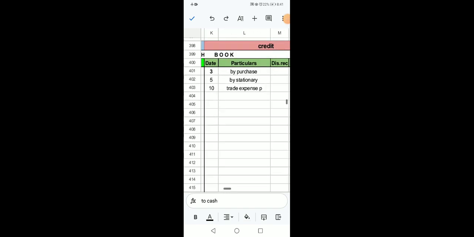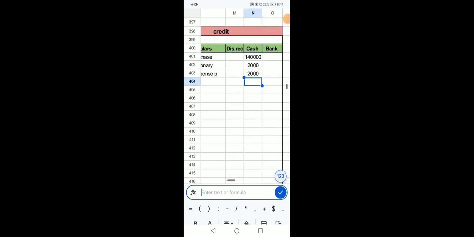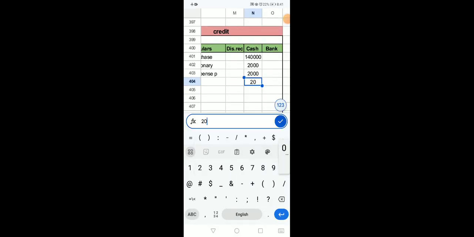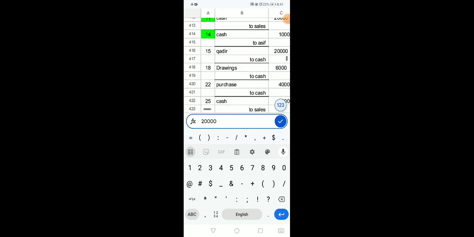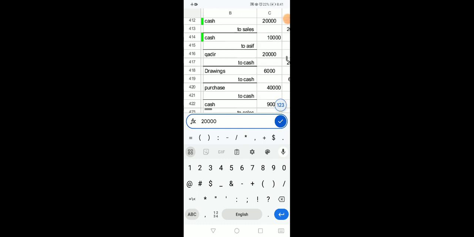Next entry is 15, where there are two elements, but we are associated with only one element, that is cash. Cash is credited by 20,000. Go to the credit side of the cash and write 20,000 over here. Now see its reference. What is written on the opposite side of cash? That is Qadir.